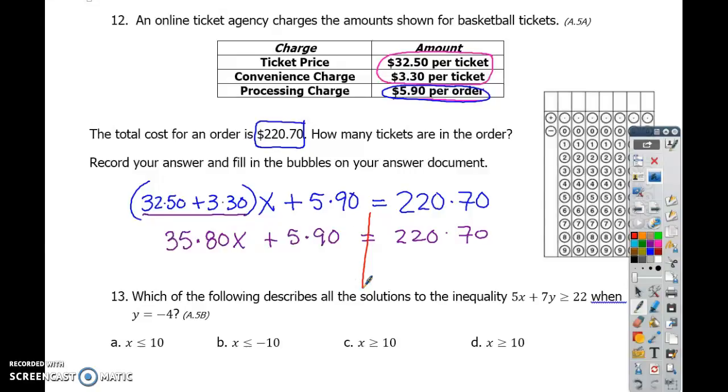What's happening to your x? It's multiplying by 35.80, and then you added $5.90. So what are you going to do first? You're going to subtract. So subtract $5.90 first. And then you're going to divide. All right, so go ahead and finish that off by yourselves.